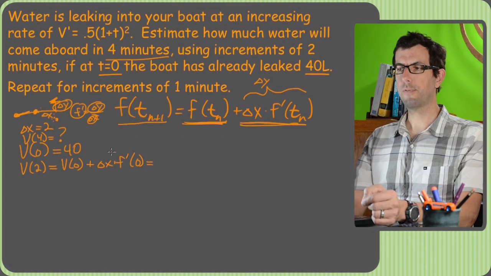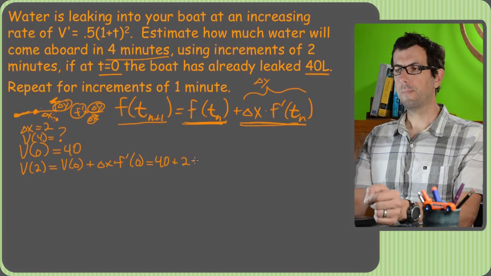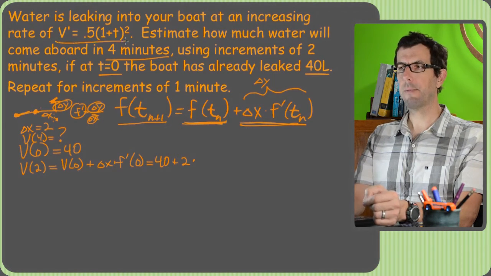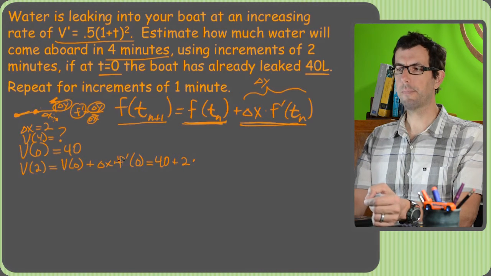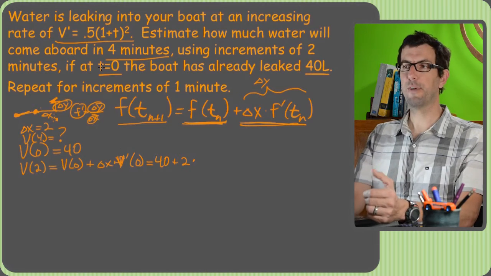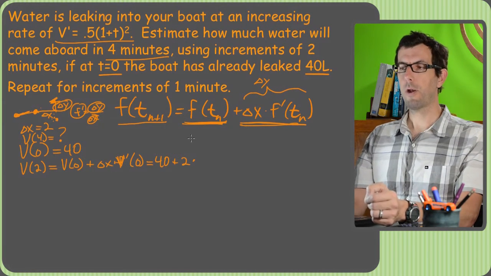So v0 we already know is 40. And then delta x is 2. And what's f prime of 0? Well, they gave us v prime, of course. I guess it's actually v prime, I should have said, since in this particular problem, the function's called v, not f, for volume, the amount of water that's come in. But what's v prime of 0? Well, gosh, let's take 0 and plug it in.